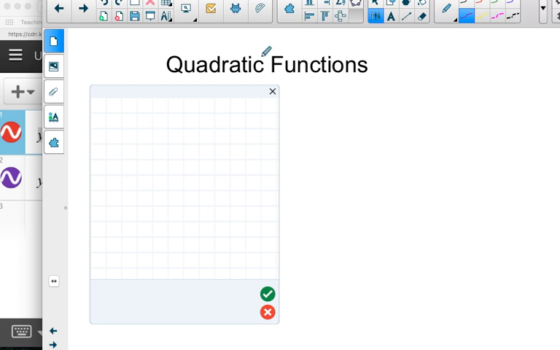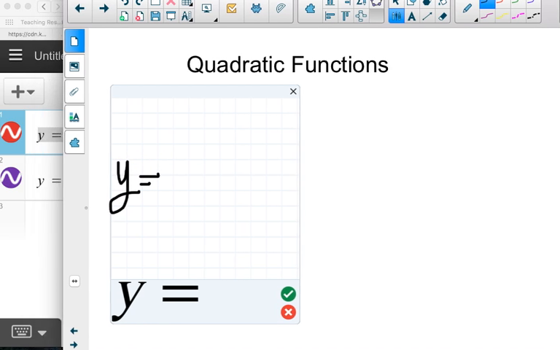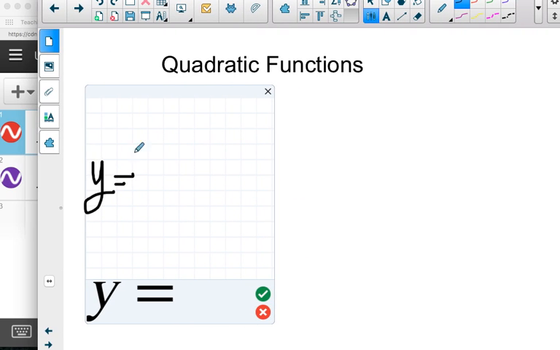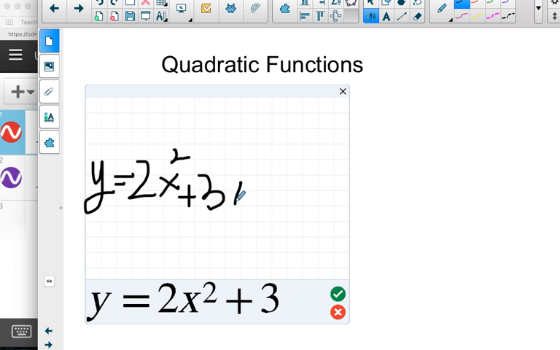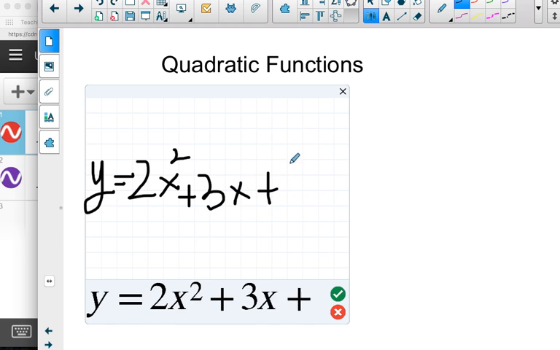Maybe some people like the abstract way, so let's do that. We're going to use a beautiful black color, and y is equal, I already forgot what equation, 2x squared plus 3x plus 7. Okay, awesome.